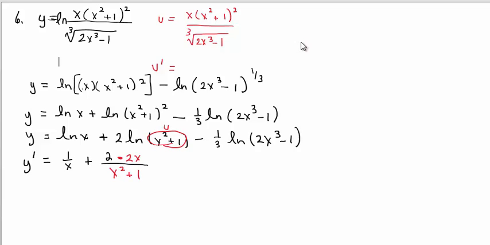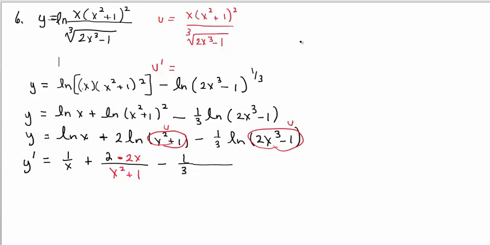I have to go back to my other color. All right, minus 1/3, that's a fraction. And now this derivative right here is u prime over u. So I'm just going to think about that as u. And then I'm going to extend my fraction here. I had the 1/3 there as a constant multiplier.